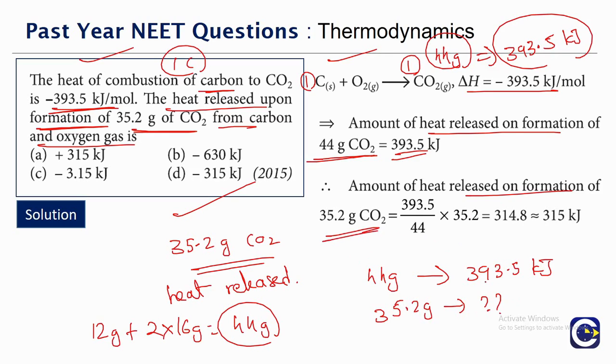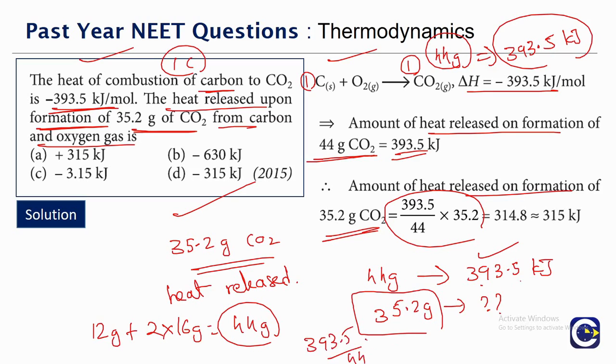What is the amount of energy released in the formation of 35.2 grams of CO2? It will be 393.5 by 44 into 35.2, by proportion. 393.5 comes when you form 44 grams of CO2. For 44 grams you get 393.5, so per gram it will be 393.5 by 44.